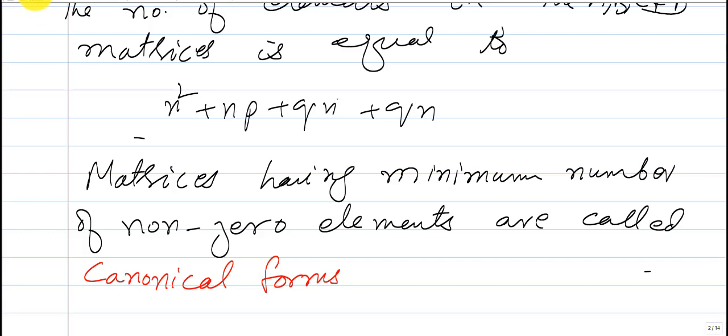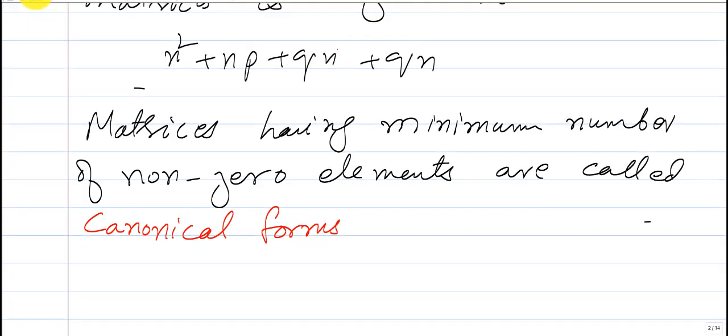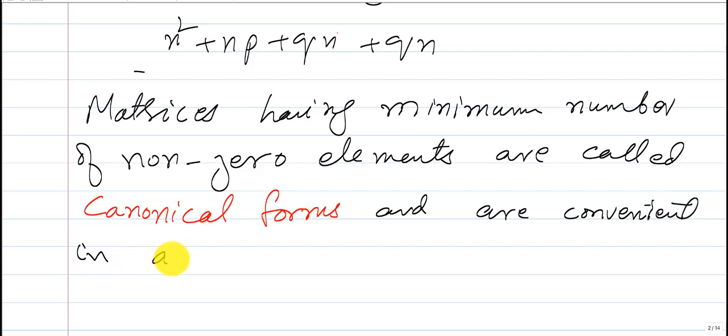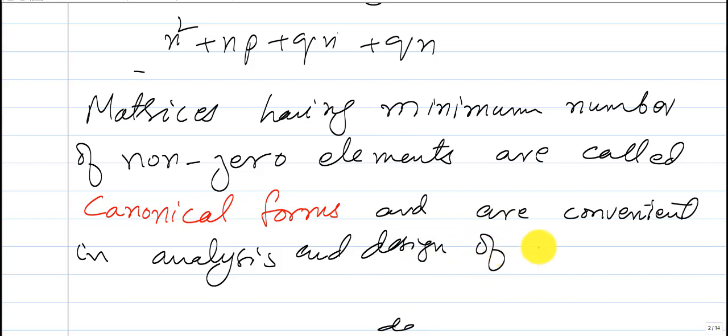With the minimum number of non-zero elements, the matrices obtained in that form are called canonical forms, and these are convenient in analysis and design of physical systems.